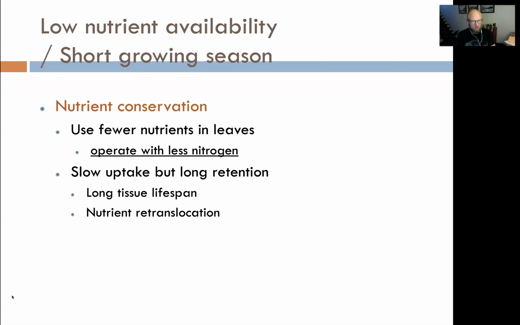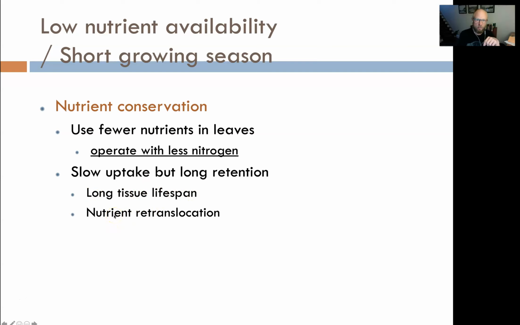They also have slow uptake rates, so they're not taking the nutrients up as fast. But they reuse those bits of nitrogen they get over and over and over. That allows them to be really conservative and efficient in how they use nitrogen over time. So that's really related to the long tissue lifespan.